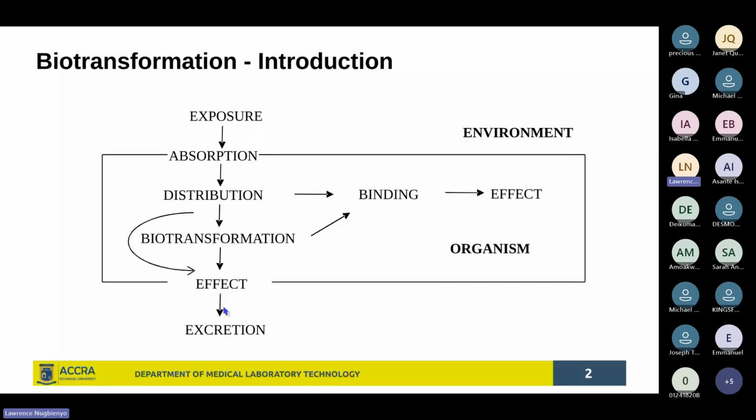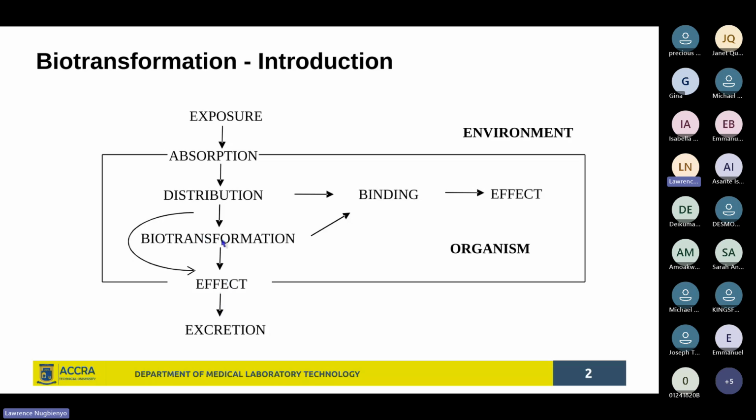You see there is an arrow that curves around the biotransformation, only showing that after distribution to various tissues and organs, the substance may just directly have a therapeutic or toxic effect on the target cells and the tissues that the substance gets to, and then gets excreted.